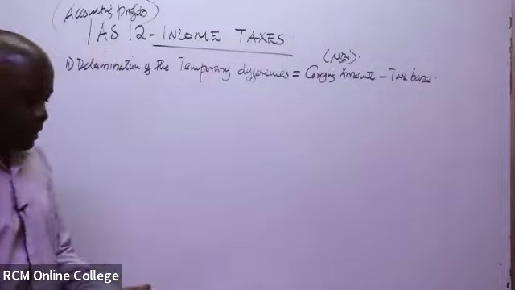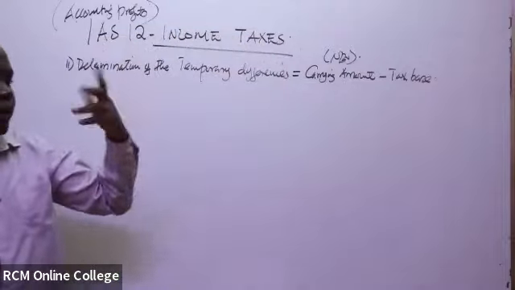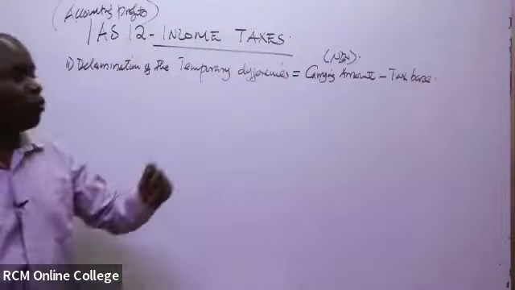Of course, now you'll be able to get the carrying amount. For the tax base, you take the cost, because the language the taxman understands is wear and tear. You minus the wear and tear. Then the difference is the temporary difference.